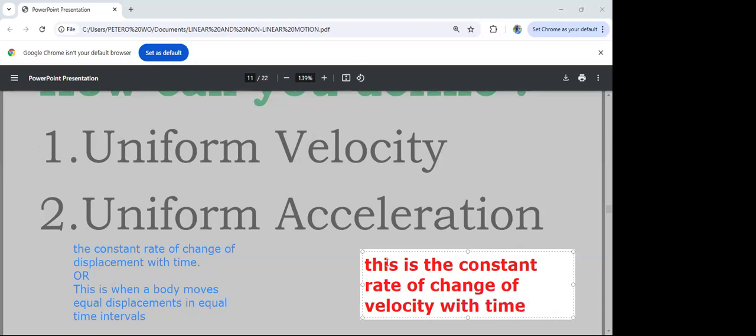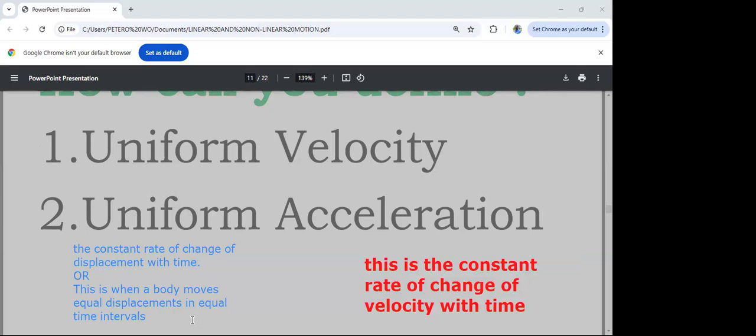Or you can say this is when a body moves with equal velocities in equal time intervals. But let us use that. It's better.